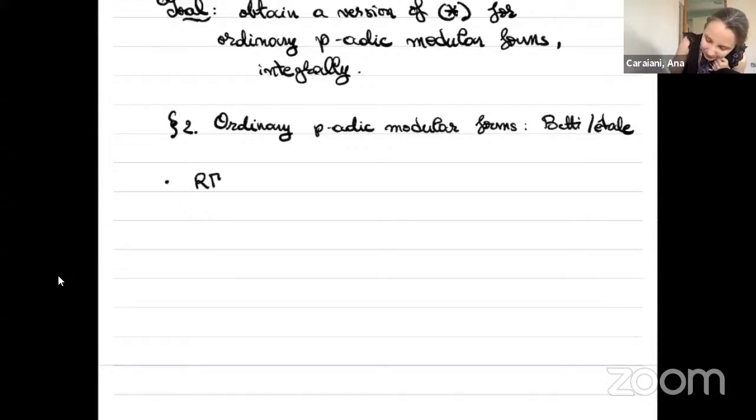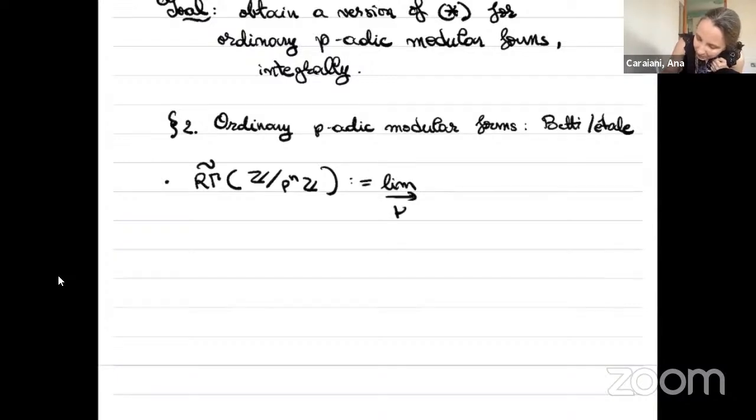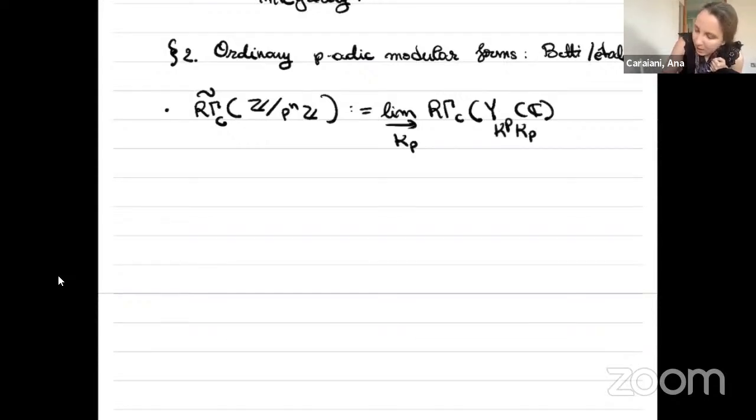Maybe the fancy, more conceptual way is to look at completed cohomology, which would be a direct limit over the level at p, going over compact open subgroups K_p of GL2(Z_p), of the cohomology, and here again I want to look at compact support, of Y_K of C. Here K is my fixed tame level, and then this varying K_p, and with coefficients in Z/p^n.